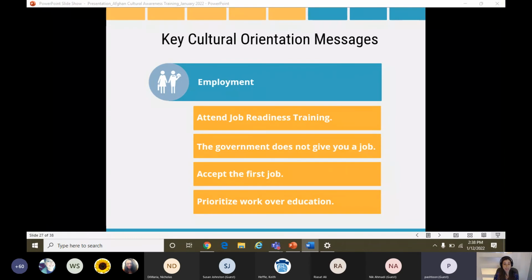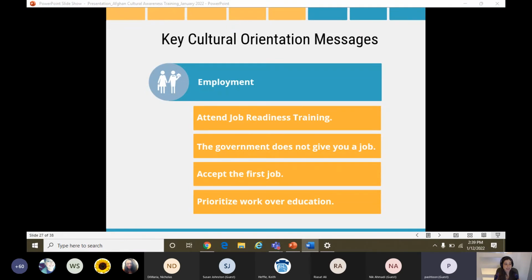So some newcomers you meet will have college degrees and they may want jobs similar to those they held in Afghanistan. It's important that you relay the message that not all overseas credentials are recognized in the US, and the recertification process can take a very long time.